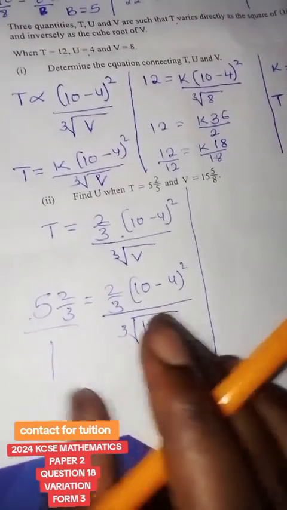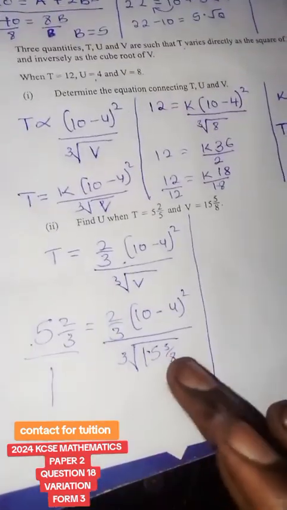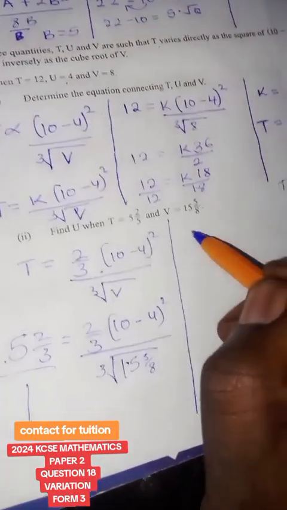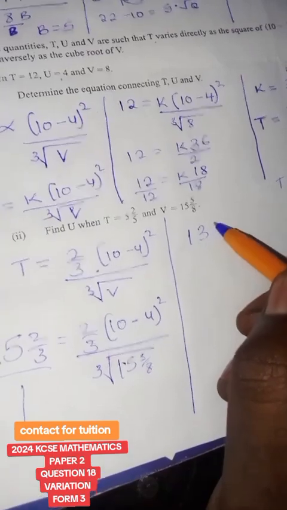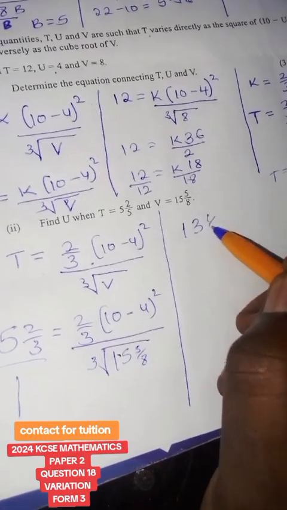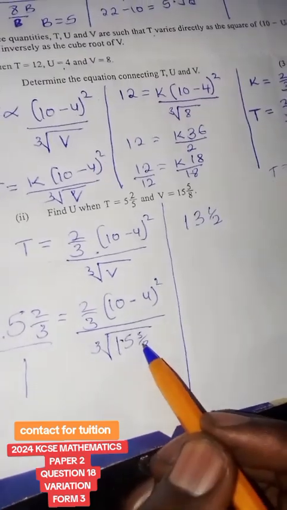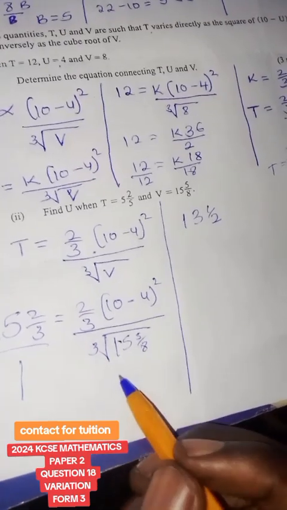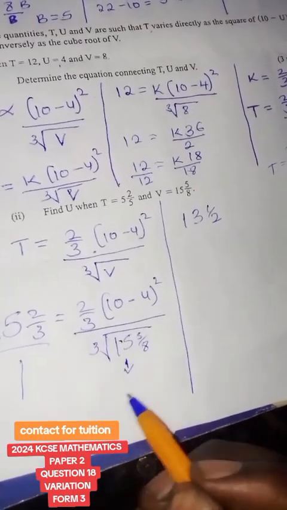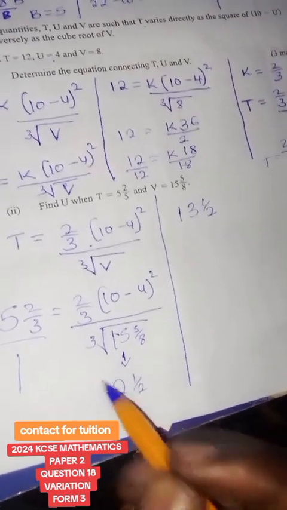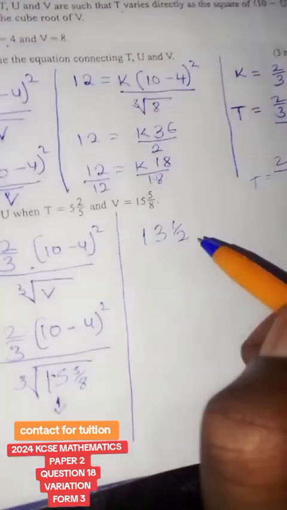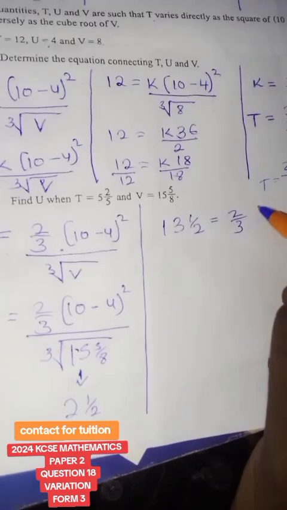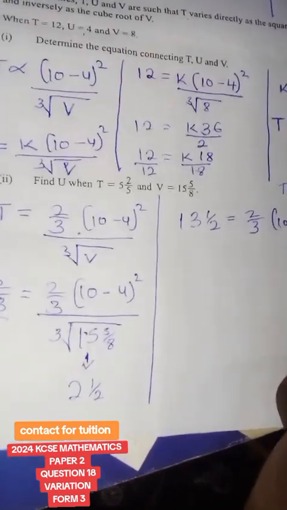If you cross multiply, to make it simpler, you will have 13 and 1 over 2, because the cube root of this is 2. So you can replace this with 2 and 1 over 2, because it's the cube root. So we have 13 now is equal to 2 over 3 into 10 minus U squared.